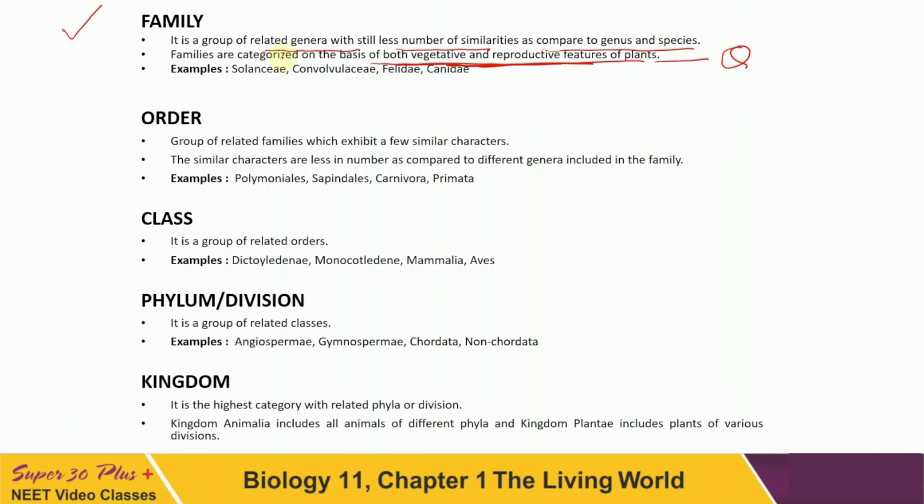For example, you can see the chart: Solanaceae and Convolvulaceae are for plants, and Felidae and Canidae are for animals. One more thing you see here: in case of animals we add the suffix IDAE. Most animal families have the suffix -idae, and Solanaceae or Convolvulaceae, the plant families, have the suffix -ACEAE.